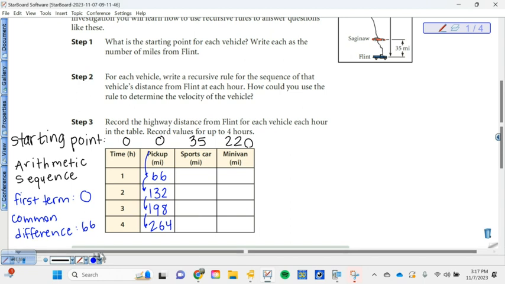Okay, let's look at the sports car now. So the sports car starts 35 miles away from Flint, and it's going 48 miles an hour. So after an hour, how far will it be from Flint? Okay. Yeah, how'd you get 83? Perfect. Okay, so then after 2 hours, where is it going to be?